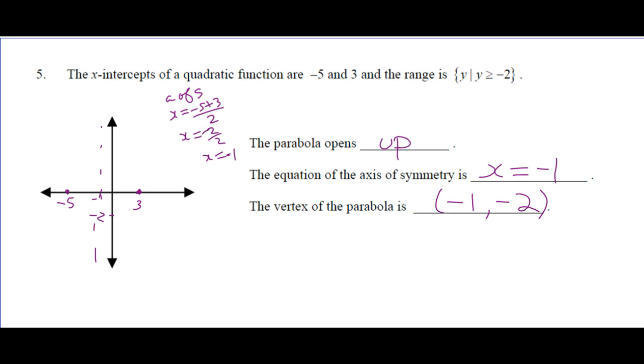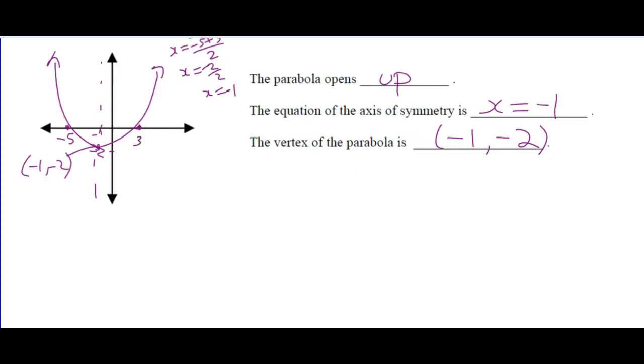And then the q, well, that's the y is greater than or equal to, so we've got p and q. So here's the vertex, here's the parabola, and this is the point -1, -2. So given information about it, we can come up with a fairly accurate sketch. We can put it all together.